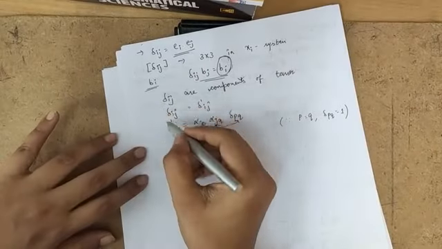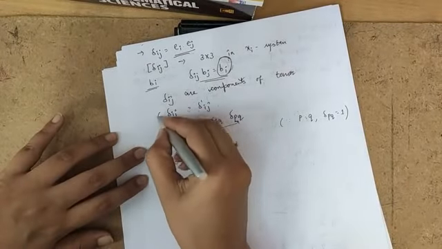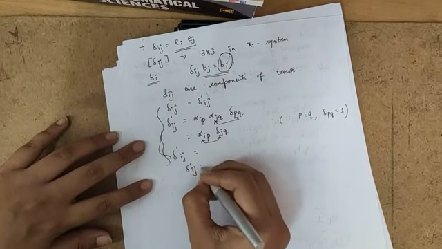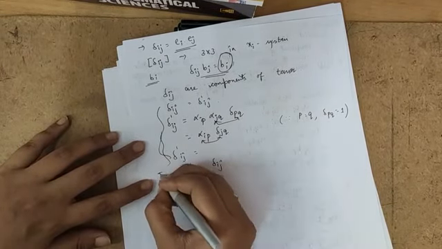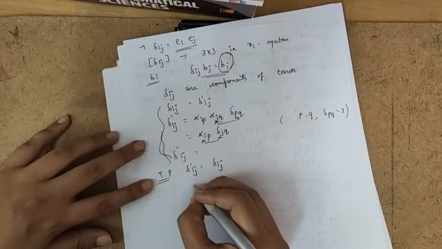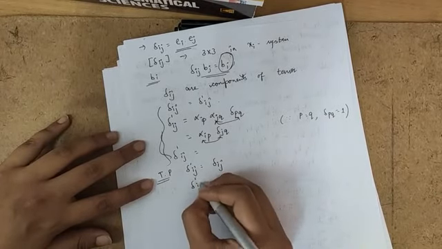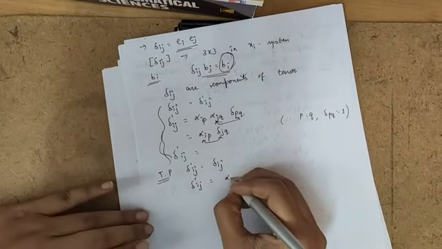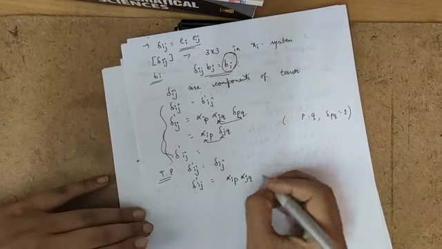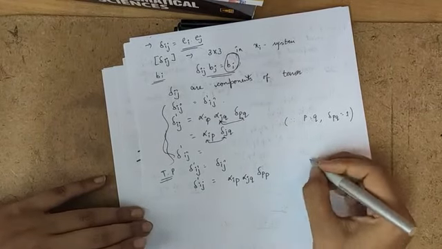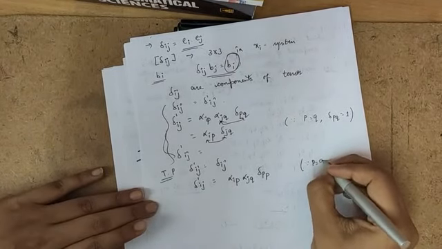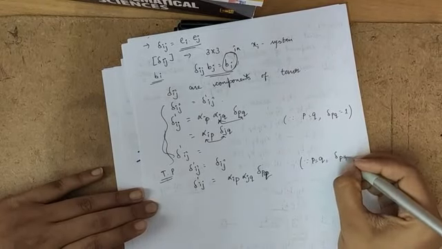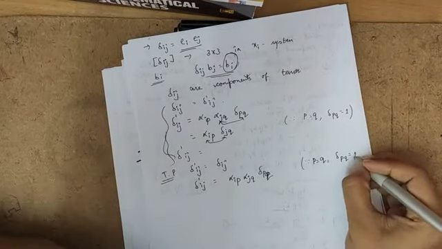I will repeat this part once again. We have to prove delta prime_ij is equal to delta_ij. So using the transformation rule, we know that delta prime_ij is nothing but alpha_ip alpha_jq delta_pq. If P is equal to Q, you will get this as delta_pp. So delta_pp or delta_qq value is 1.